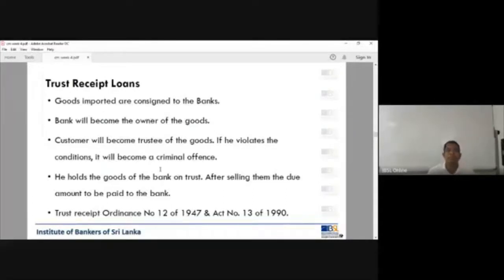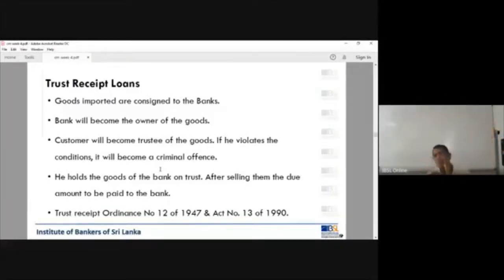Then trust receipt loan. So the goods came in, the customer can pay cash and take the goods, or the customer does not have money to pay. So we have to give a facility, because anyway we have to pay the exporter in the other country.